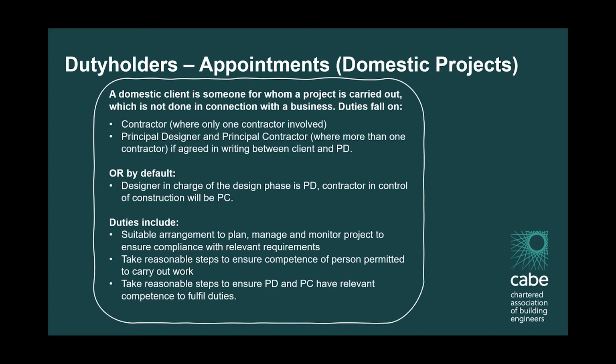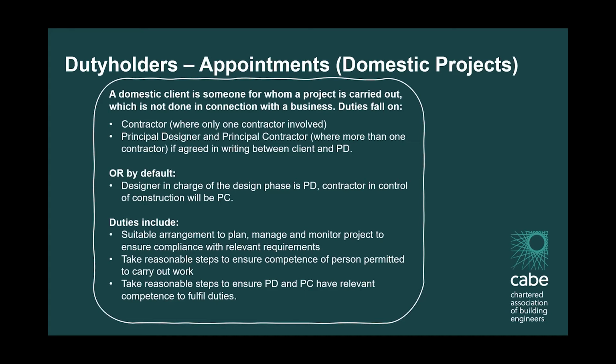If there is only one designer involved, then by default they'll be the principal designer, and the duties imposed on those roles include planning, managing and monitoring the project, taking reasonable steps to ensure competence, and taking reasonable steps to ensure the PD, principal designer and principal contractor, have relevant competence to fulfill the duties.